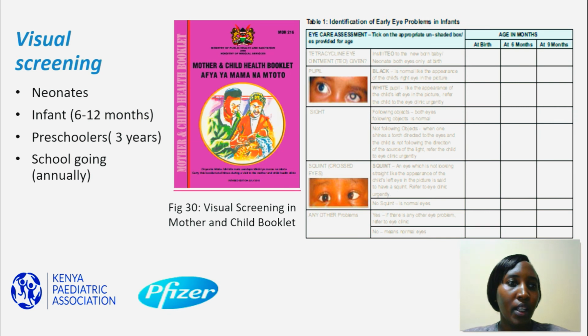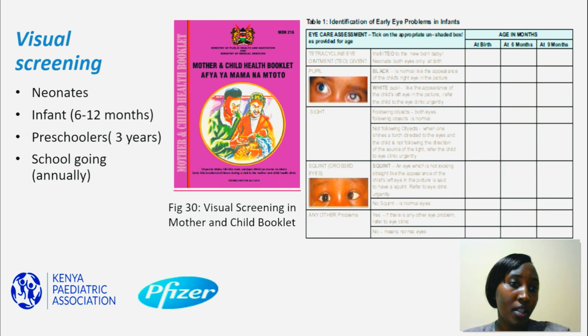So finally, a note on visual screening. The international recommendations on visual screening indicate that this should be done in neonates. So as soon as a child is born, they should have their eyes examined, and at around 6 months of age to about 1 year, you should have the next screening if there's no condition or problem noted.